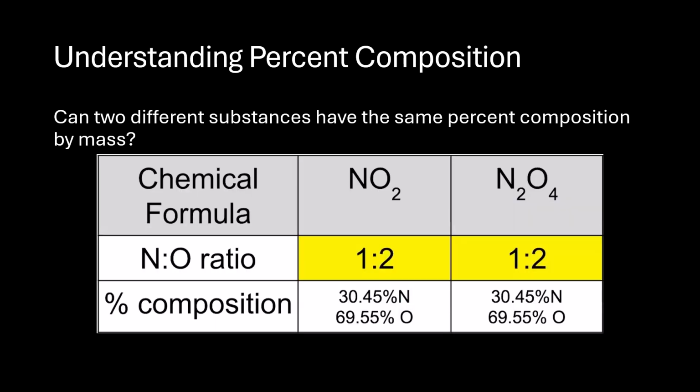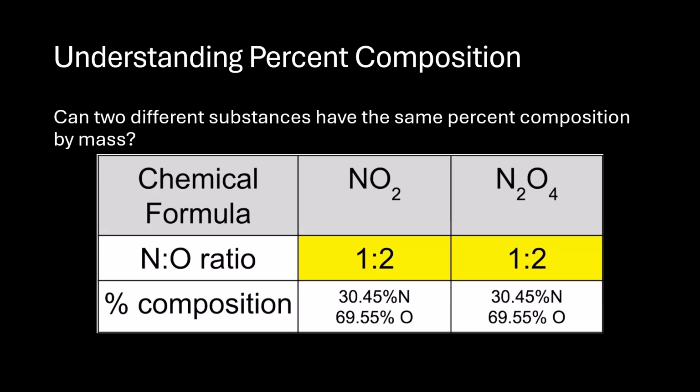Well, if we look at 2 molecules, we have the chemical formula NO2 and N2O4. 2 different molecules, but they both have the same ratio of nitrogen to oxygen, and that ratio is 1 to 2. You can see that in the highlighted boxes. And so if they have the same ratio, then they're going to have the same percent composition, because for every 1 nitrogen atom, there's going to be 2 oxygen atoms.